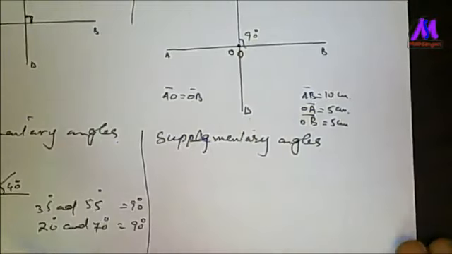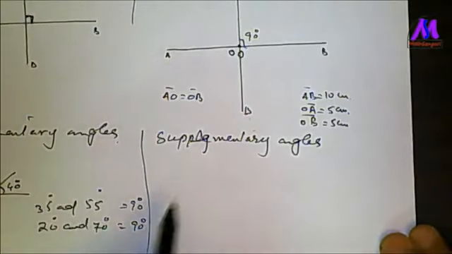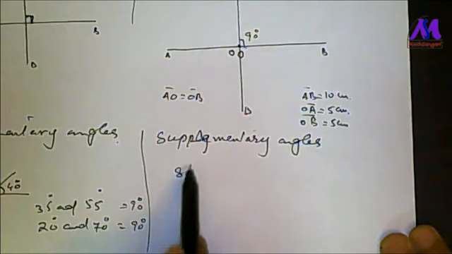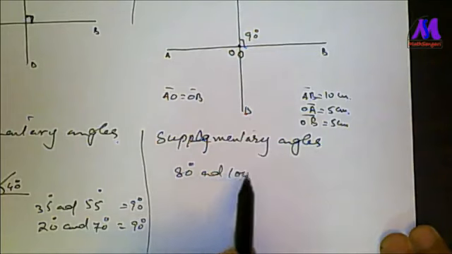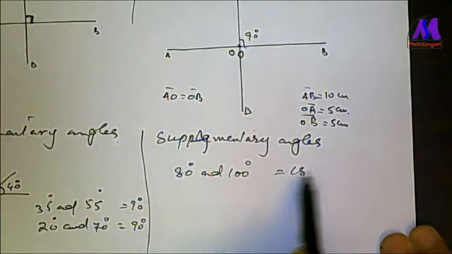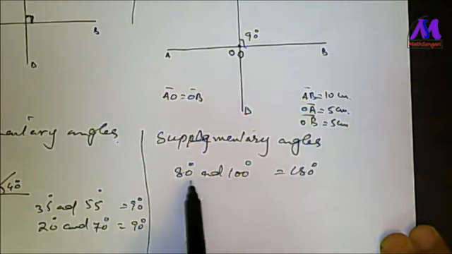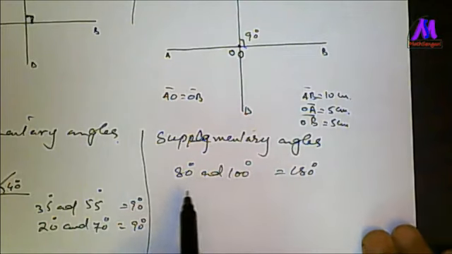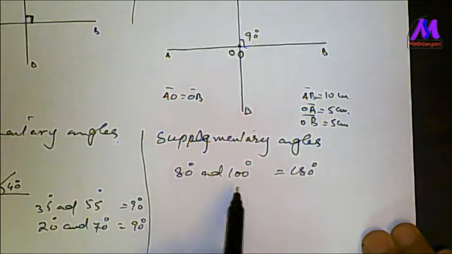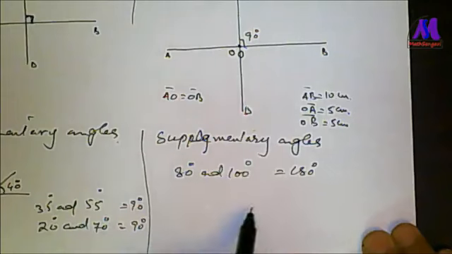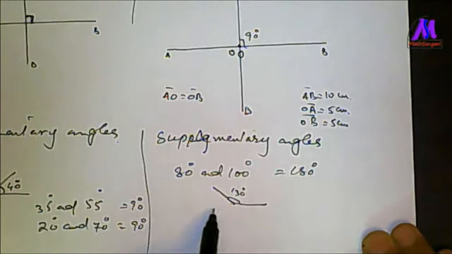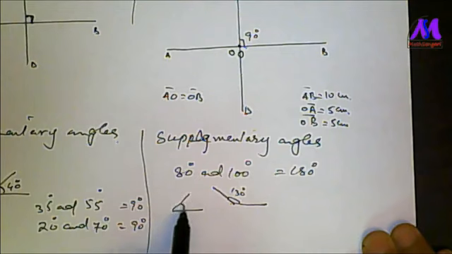And for the supplementary, there is just a little difference. For example, here is 80 degrees and 100 degrees. It will become 180 degrees. When two angles add up to 180 degrees, then it's called supplementary angles. For example, here one angle is 130 degrees, and the other angle is 50 degrees.